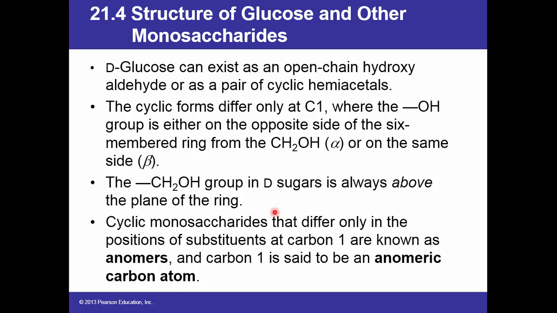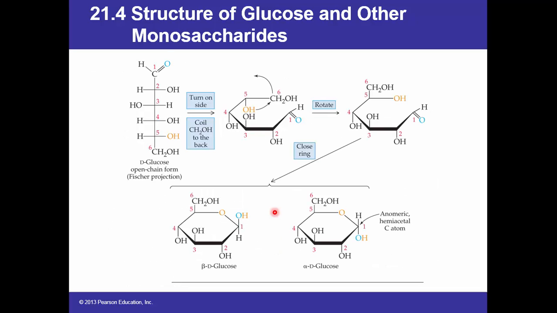So again, if we go back here, what we call beta-D-glucose and alpha-D-glucose differ only in the configuration around anomeric carbon number 1. Here OH up, here OH down, and the other OHs are the same.